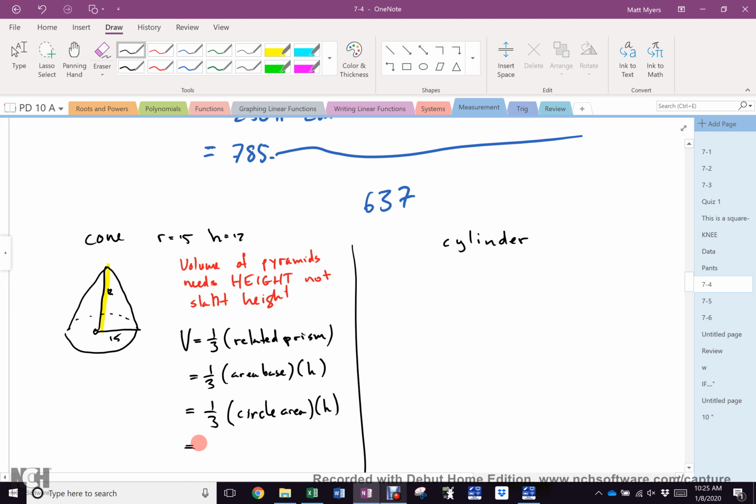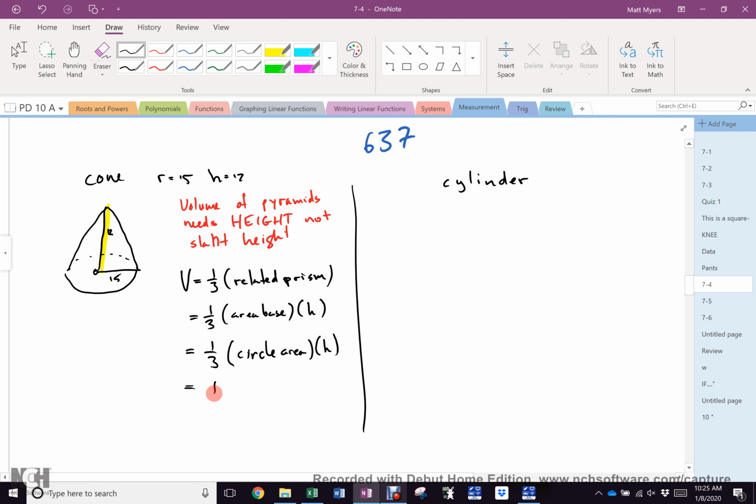And what finds us the area of a circle? Pi r squared. Give me a pi, apple. 1/3 pi r squared h. Right? And then we would just punch into our calculator.